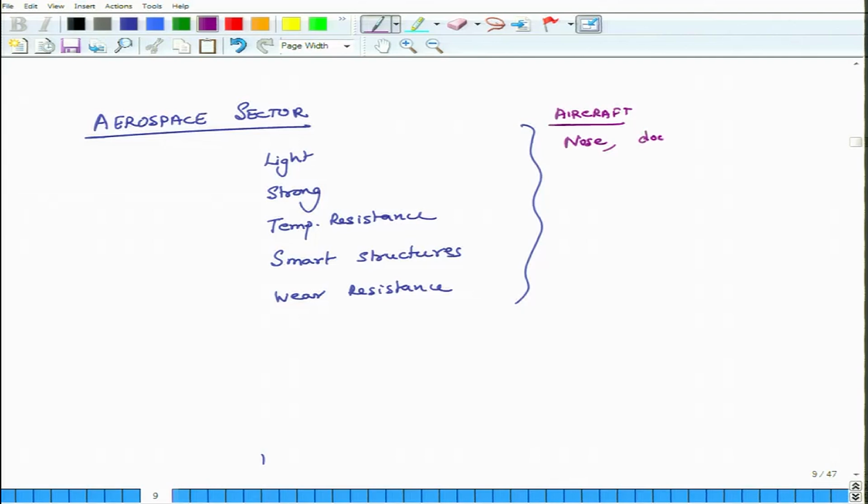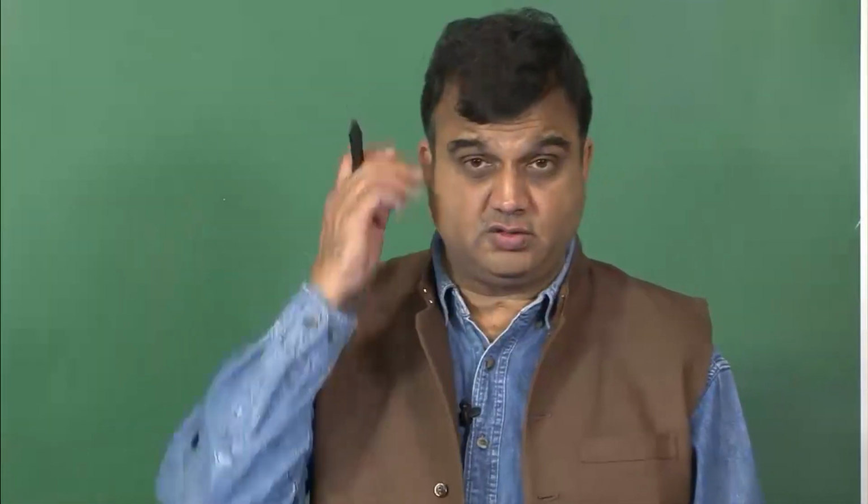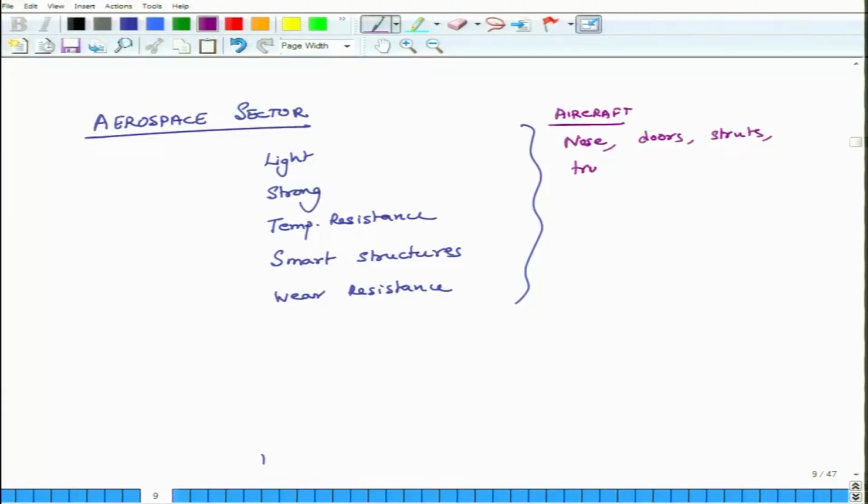They are used in doors, they are used in a structural member called struts. So, please go back and check in your mechanics book what is a strut. It is a structural member, it takes a lot of load. So, there you want it to take a lot of load, be strong, but still be light. Okay. So, that is there. In trunnions, these are again structural members. Cowlings, fairings, these are all aircraft parts.